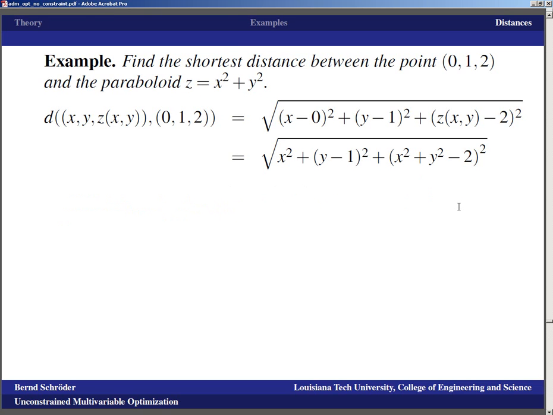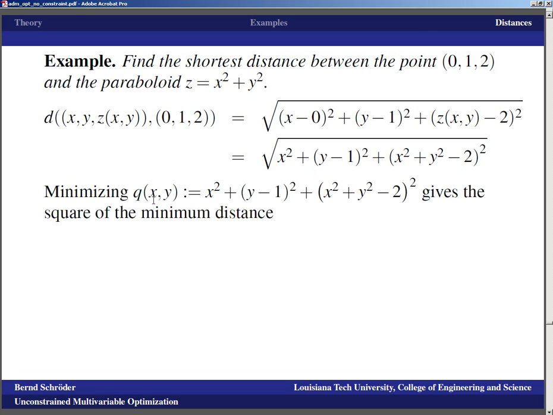Okay, and so basically to find the shortest distance between this point and this paraboloid, we have to minimize this function. That is why distance computations really ultimately are just done with multivariable calculus, because we can just set up the distance formula and then find the minimum with calculus. The annoying part here is, of course, that we've got this square root.